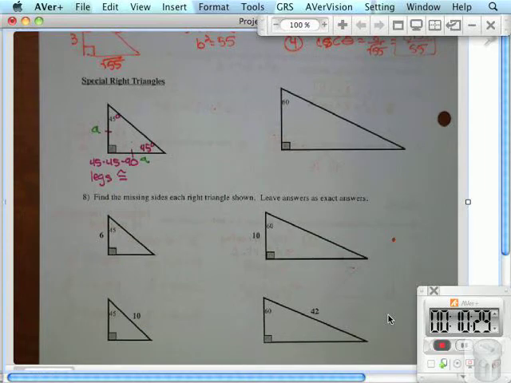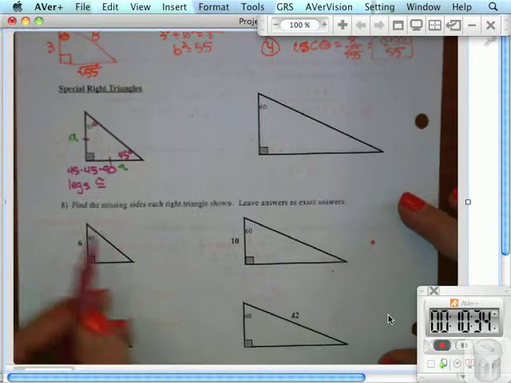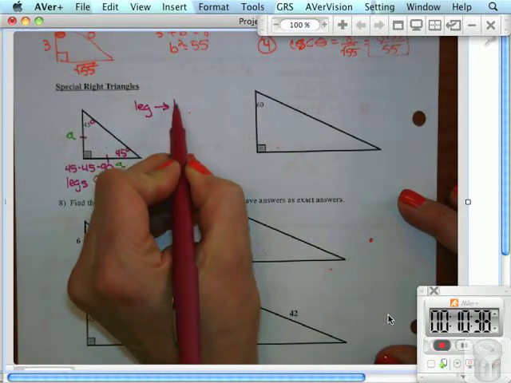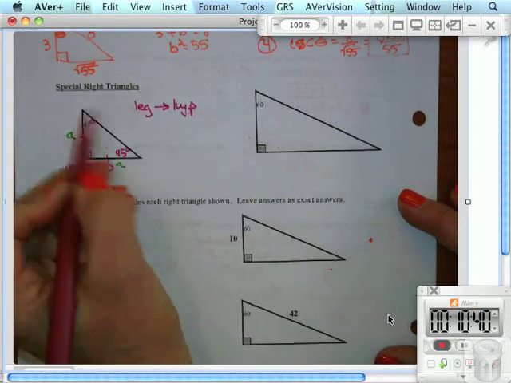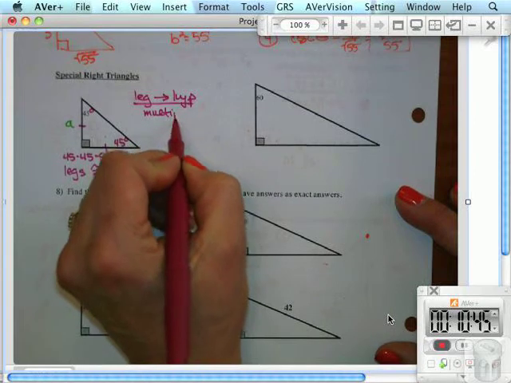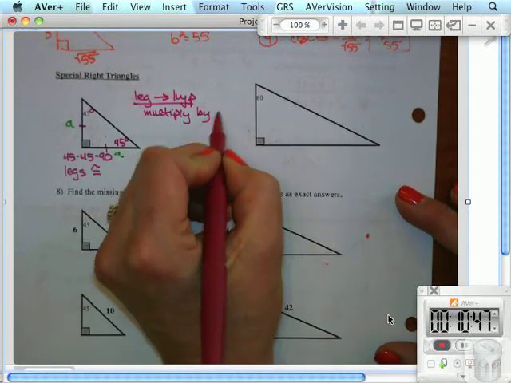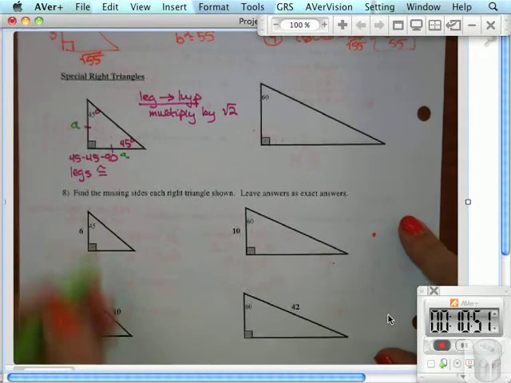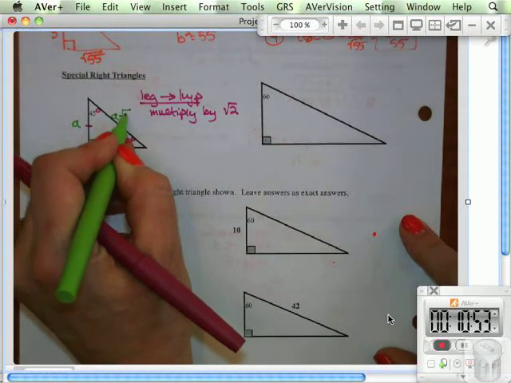It's A times the square root of 2. So, let me just write that down. If you're given the leg and you need the hypotenuse, you just multiply by the square root of 2. So that means my hypotenuse here is A times the square root of 2.